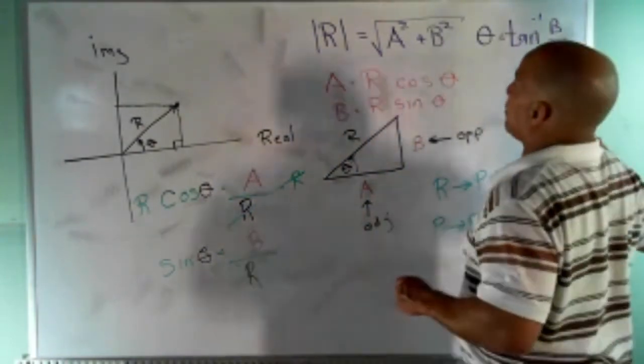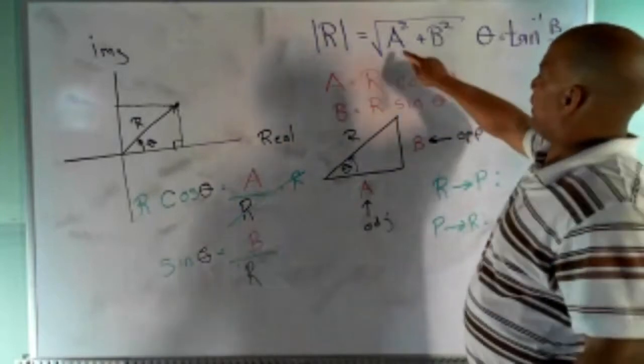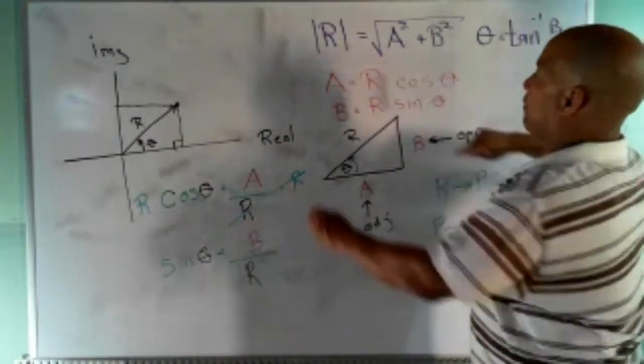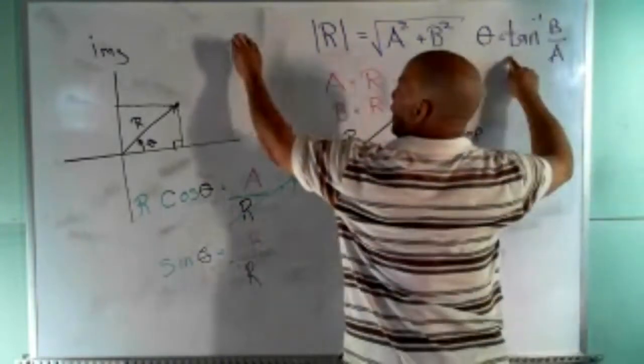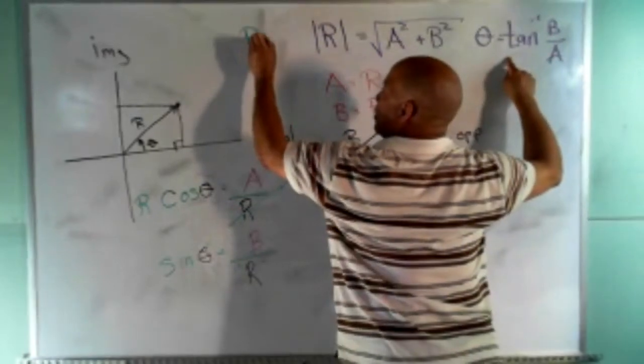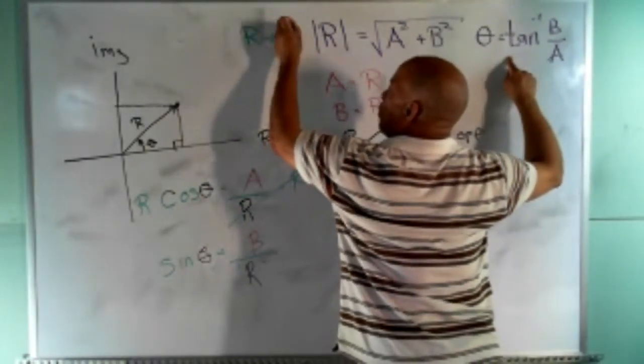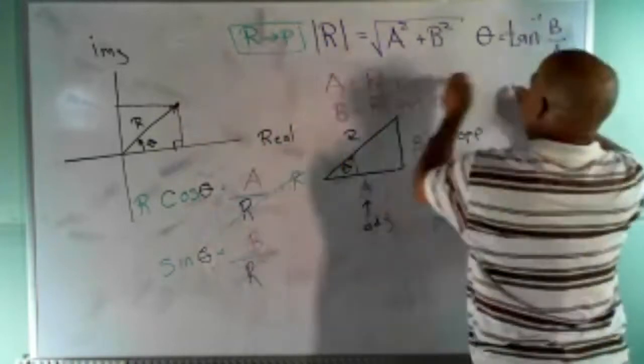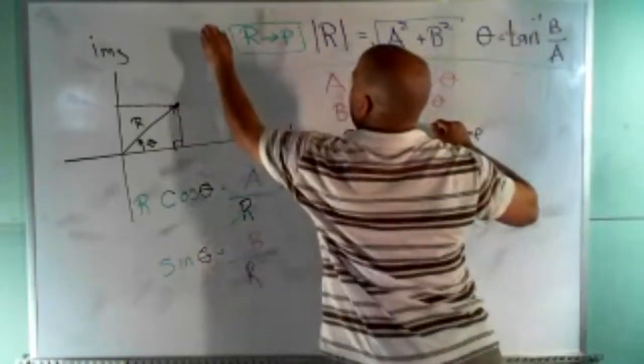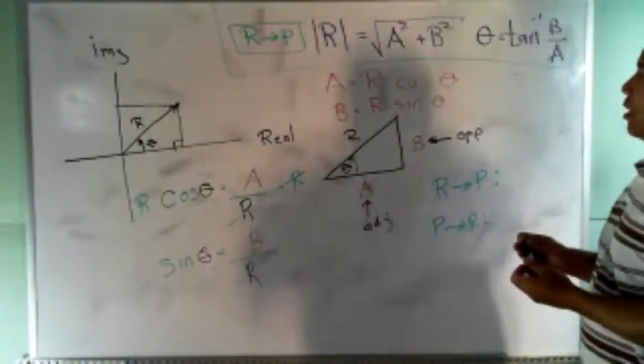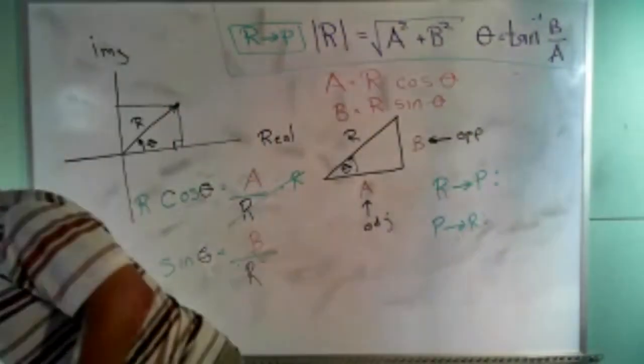So here, we know rectangular, we want to find R and theta. So this takes me right here from rectangular to polar form. This set of equations right here goes from rectangular to polar, or I can do the other way.